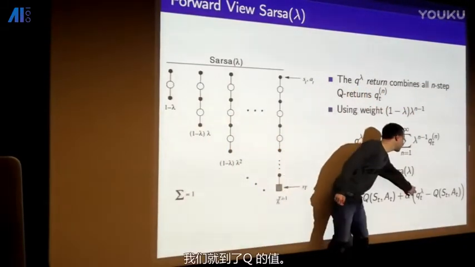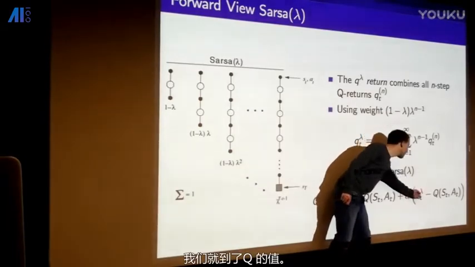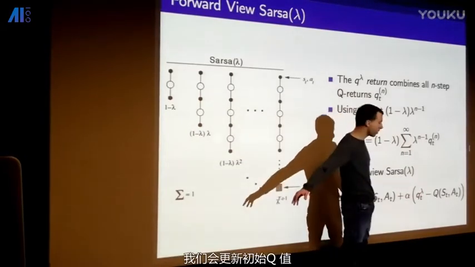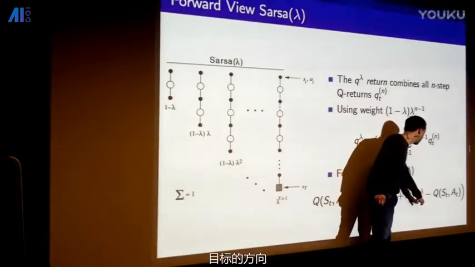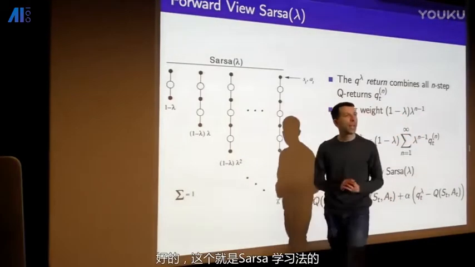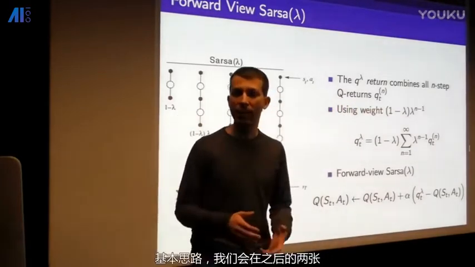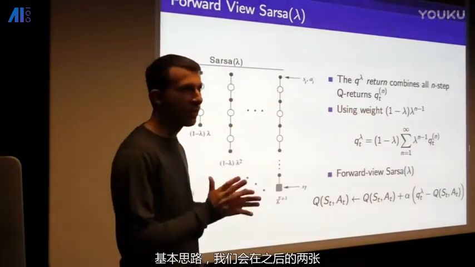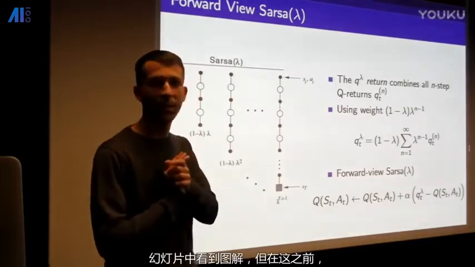That gives us our Q lambda, we make that our target, and we update our original Q value a little in the direction of that target. That's the idea of SARSA lambda. We'll see an illustration in two slides.